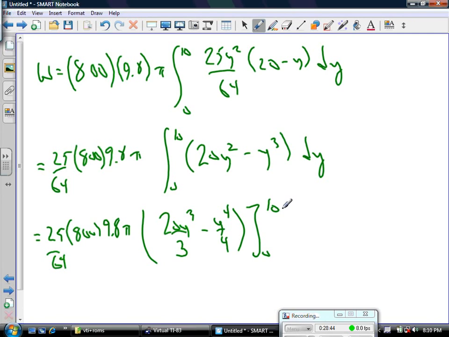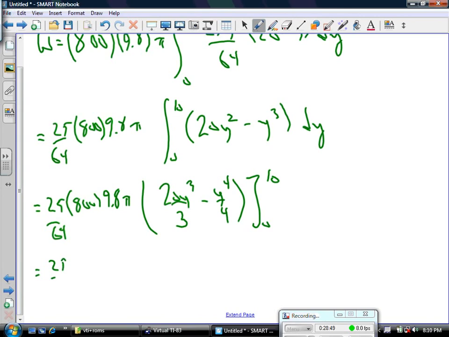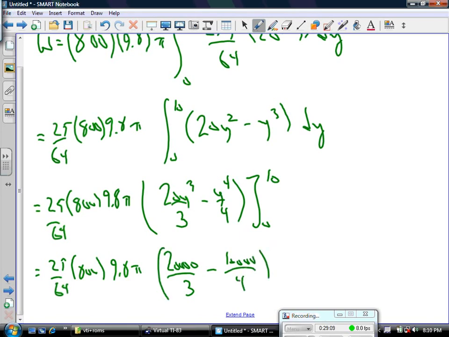0 is easy, it just drops out. Just plug in 10. So you get 25/64 of 800 times 9.8 pi times, now let's see, 10 cubed is 1,000 times 20 is 20,000 thirds minus 10 to the 4th, which is 10,000 divided by 4, and then minus 0, right, if you plug in 0. So you want to finish that off?